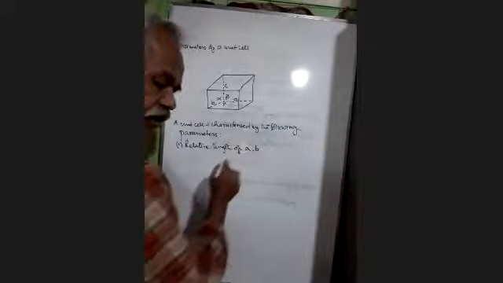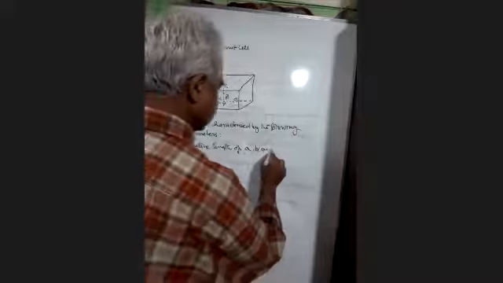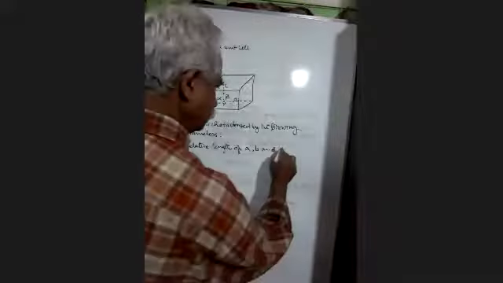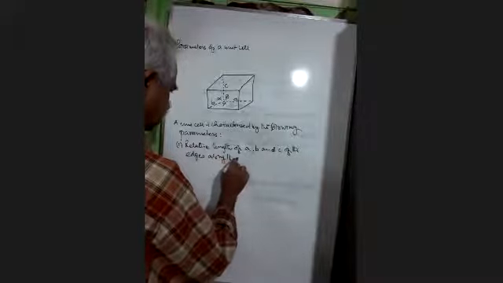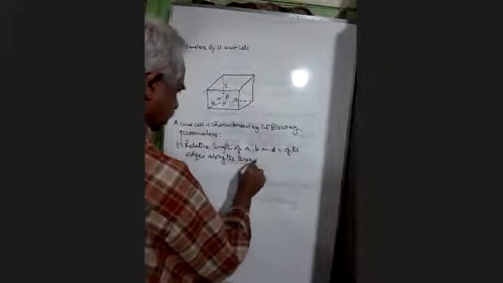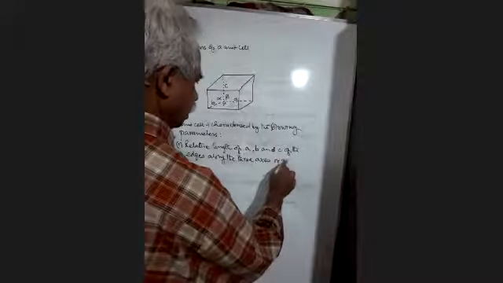Relative length of the edges A, B, and C along the axis, or axial distances.